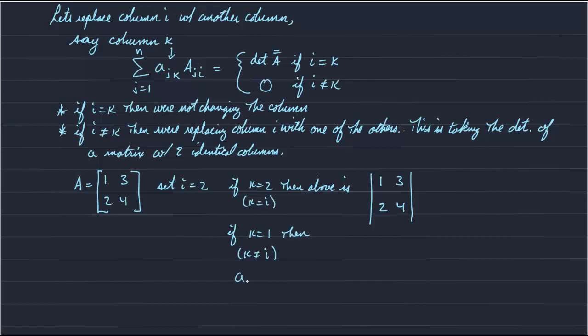So we have little a 1, 1 times the cofactor of the j equals 1, I equals 2 element. And then when j is equal to 2, we have little a 2, 1 and the cofactor of the 2, 2 element.